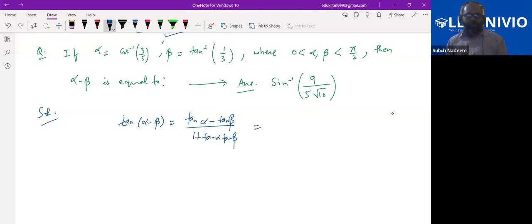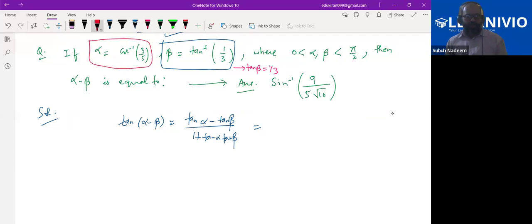So from here, we can say that tan beta is equal to 1 by 3. And cos alpha is equal to 3 by 5. Now, cos alpha is equal to 3 by 5 again can tell you what is tan alpha. Can you tell what will be tan alpha?